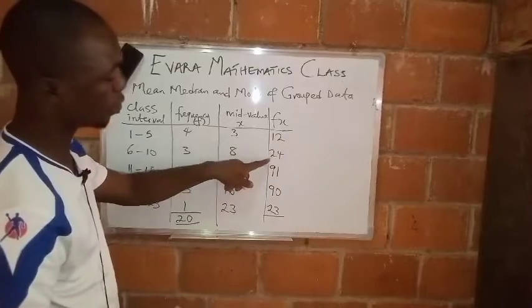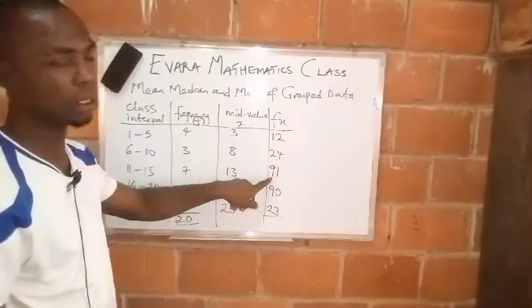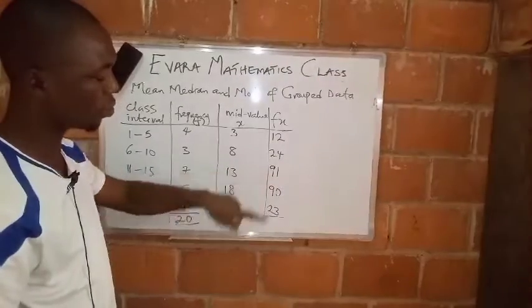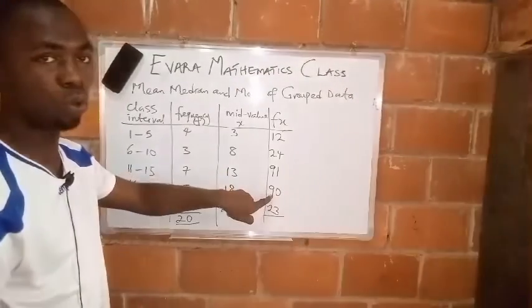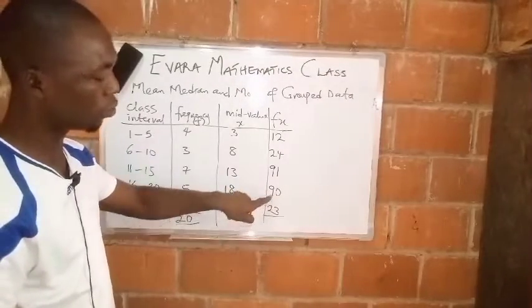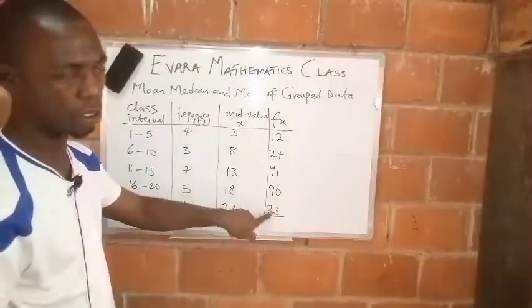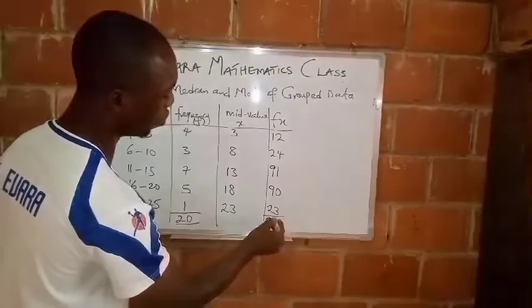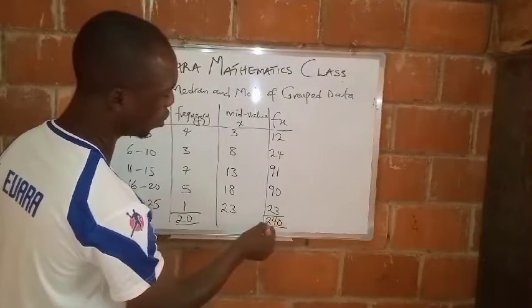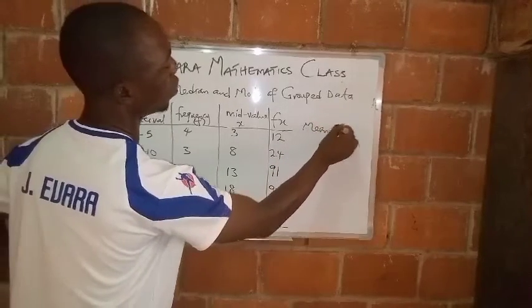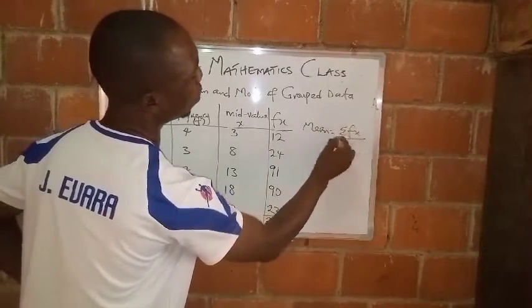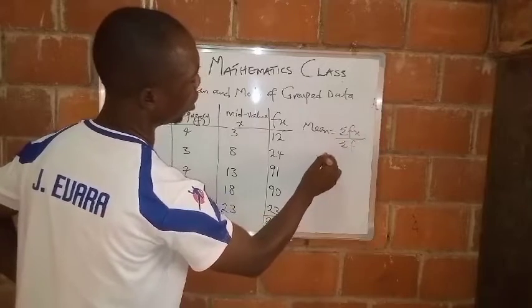12 plus 24 is 36, 36 plus 91, we have 127. 127 plus 90, that gives us 217. And then 217 plus 23, that gives us 240. So the mean is summation fx over summation f.